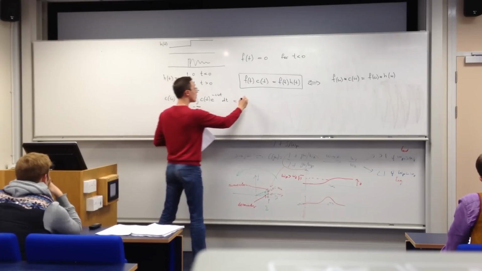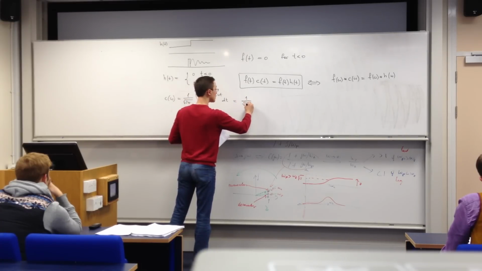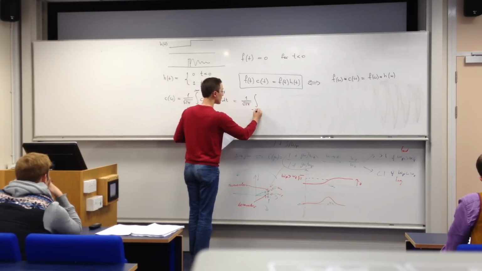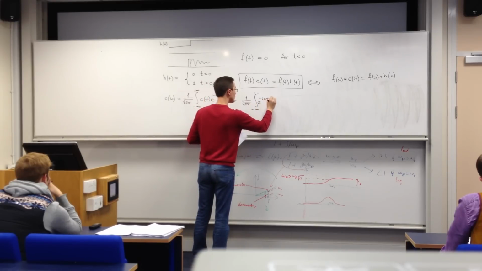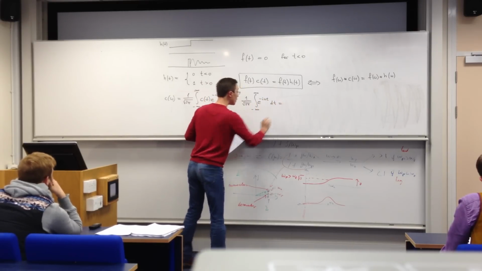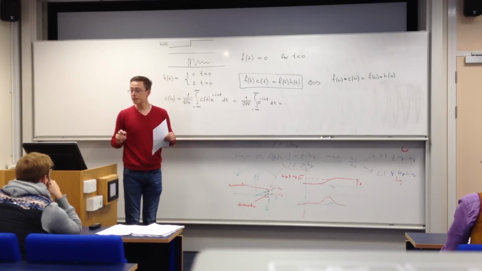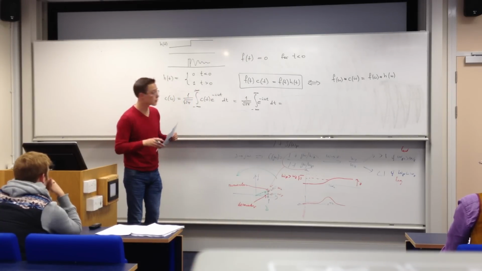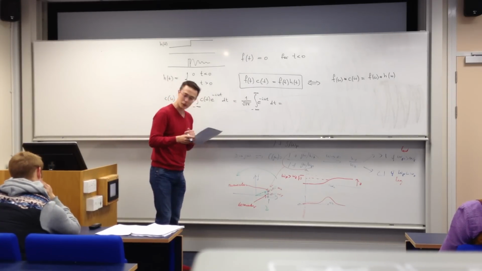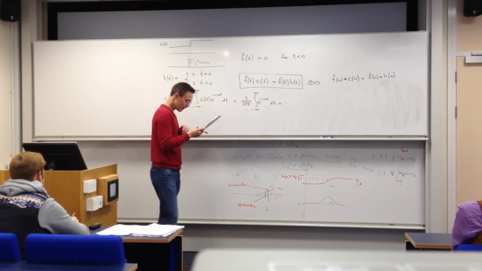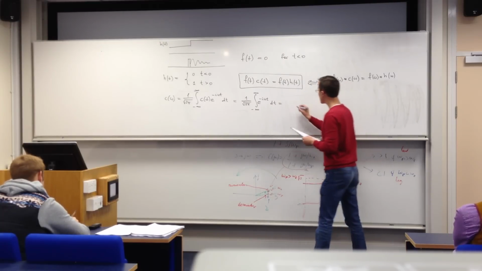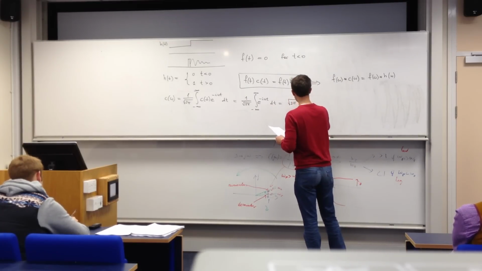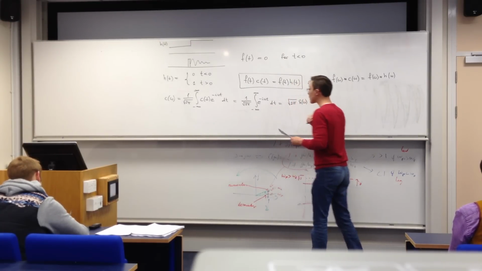The constant is just equal to 1, so that's 1 over root 2 pi integral from minus infinity to infinity of e to the minus i omega t. Who remembers what this equals from the previous lectures? Delta functions. Yeah, you've got handouts, so you can actually check. It's a textbook integral, and it's equal to root 2 pi delta of omega.